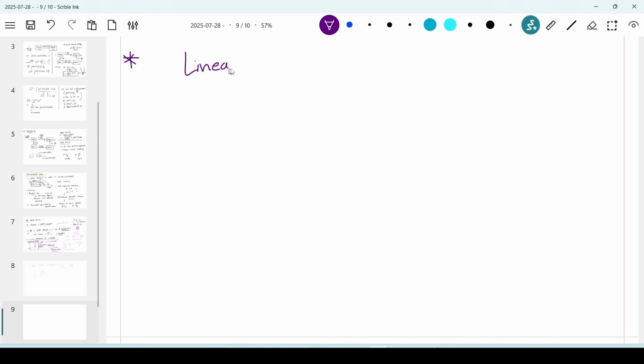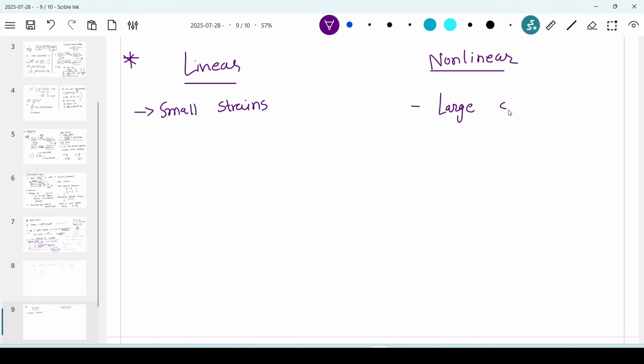Linear and non-linear. When we talked about small strains, then we go for linear analysis. For non-linear analysis, it's the reverse: it's large strains, also called finite strains. Then we have not discussed this particular thing, that is small displacement, but we'll discuss this later.